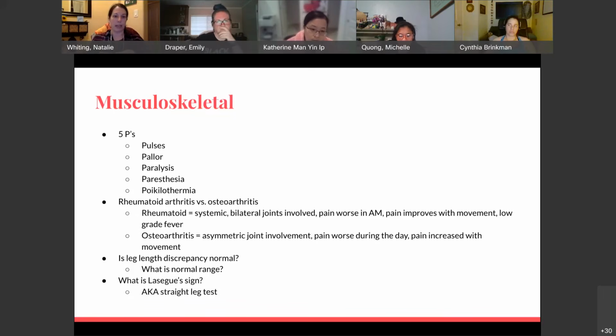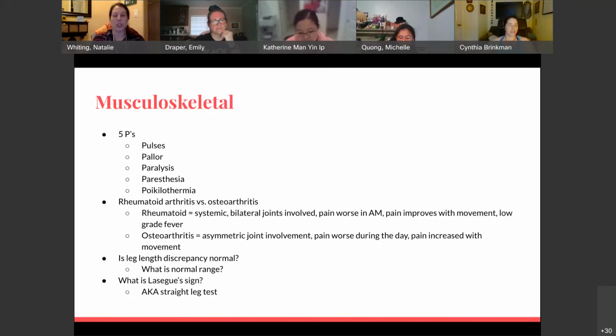And then, do you know if leg length discrepancy is normal? What do you think? Think about symmetry with the body. An inch is going to be too much.